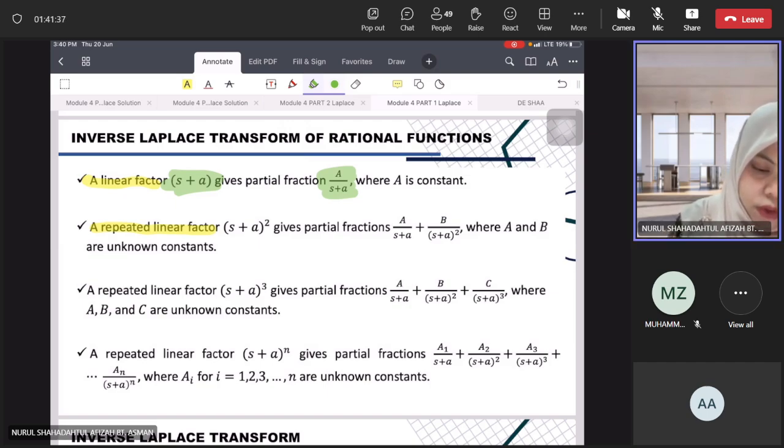So the An are constants. So an irreducible quadratic factor, for example, this gives, this is still a linear factor. I think you don't need to remember all of this. Just remember this one. Yeah. So this quadratic factor.